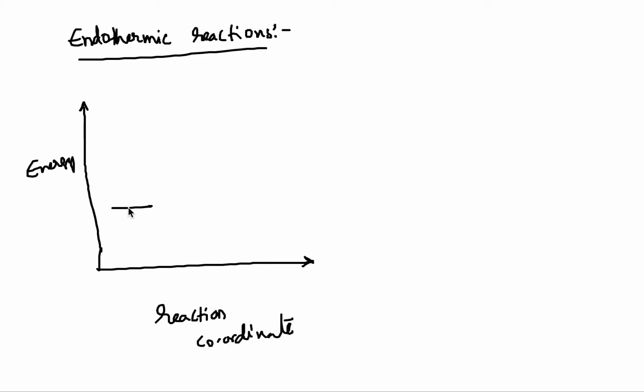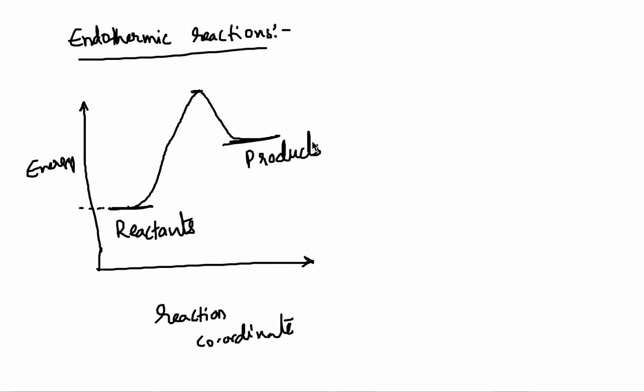Now here we have reactants, corresponding to this energy, and this is the kinetic factor, activation energy. Now these are the products, and this is the gap between the products and reactants energy. So this is known as delta H, which is positive. So this much energy is more for products with respect to reactants.